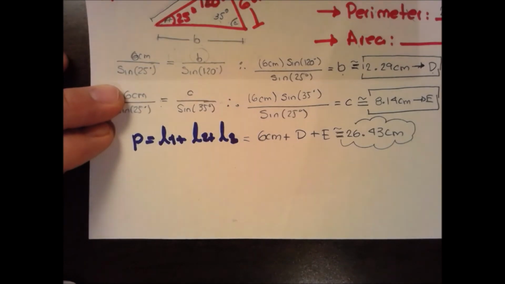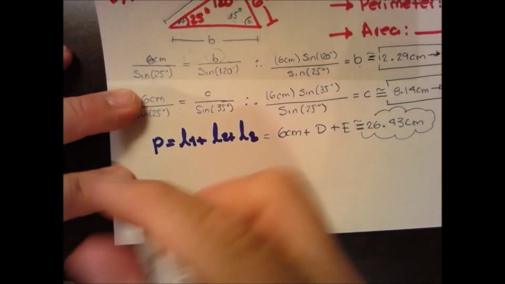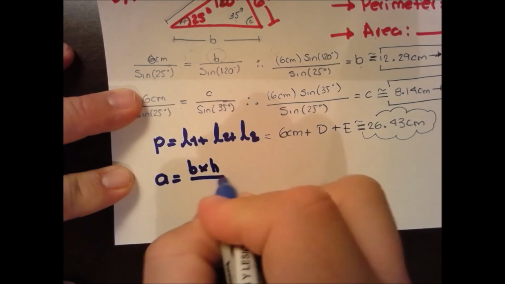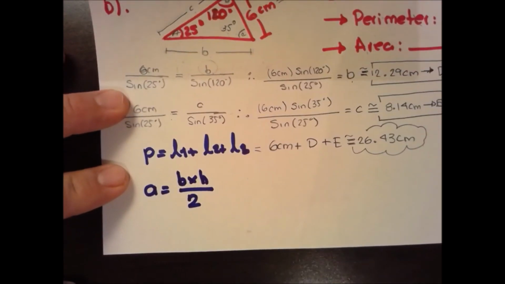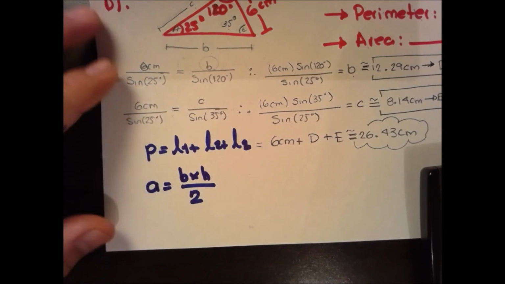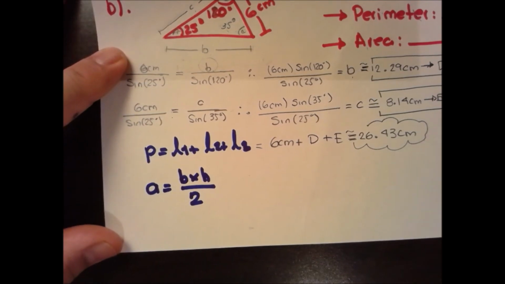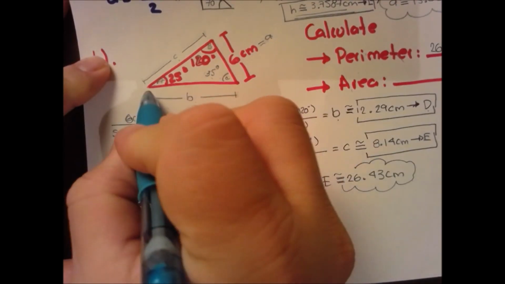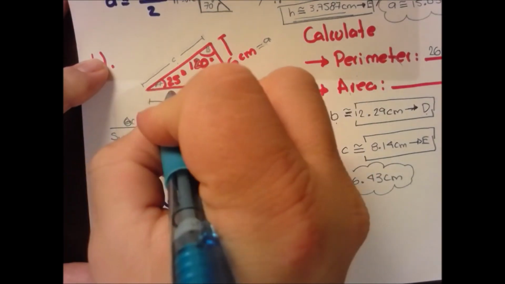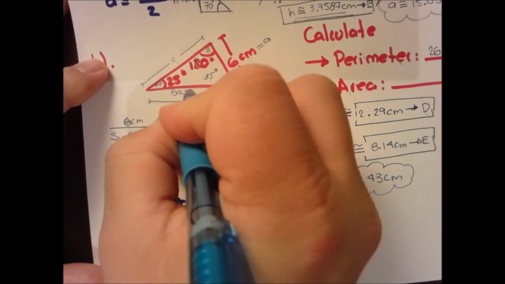The last part is the area. The area is base times the height over 2. Okay, well, in that case, we are going to check which part is going to be the base, which part is going to be the height. I'm going to say that this is going to be the base. Okay, I'm going to write over here base.